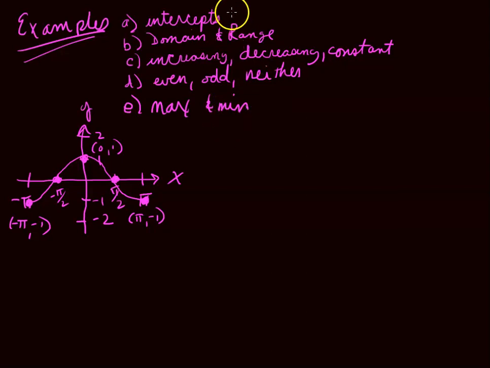So what are the intercepts? Usually for the intercepts, we only need the x and y values. We don't put points. I'm not sure how they'd answer this in the back of the book. I'll have to look. But the x-intercepts, and I'll put an s here, are at pi over 2 and negative pi over 2.